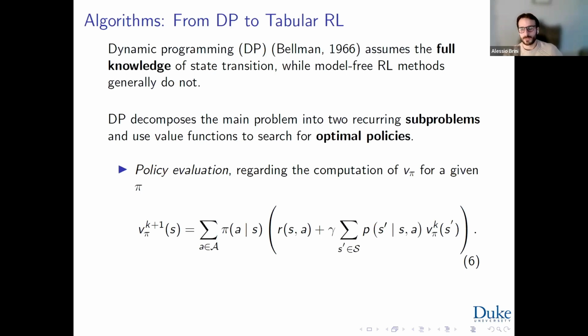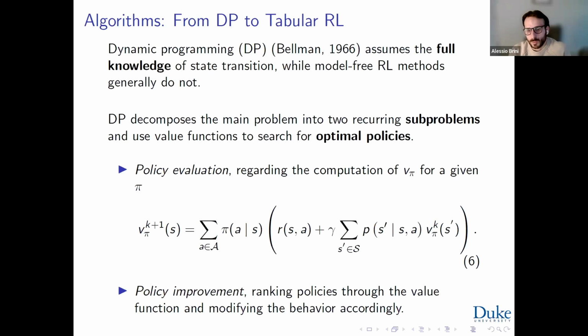And this is important because what dynamic programming does is divide the problem into two recurring subproblems. First, solving a policy evaluation, since dynamic programming knows the state transition and can at any point in time evaluate the value function for each given state.